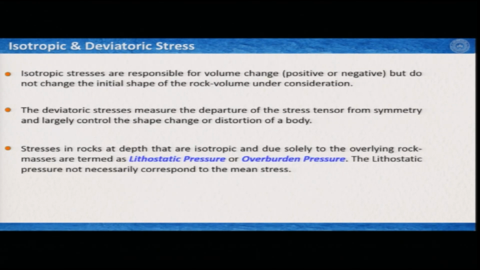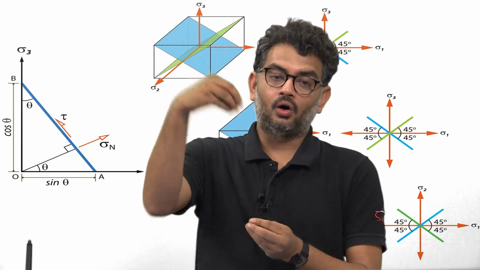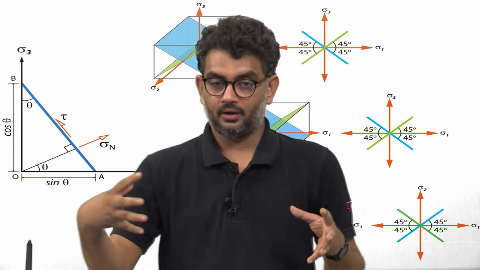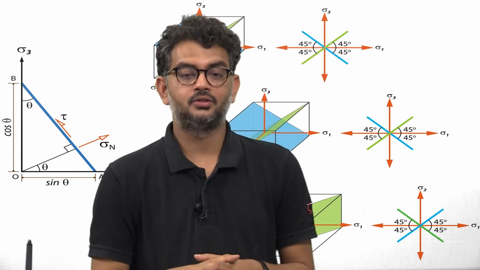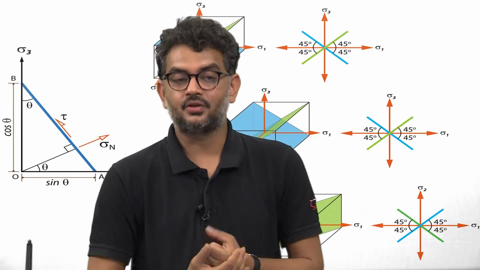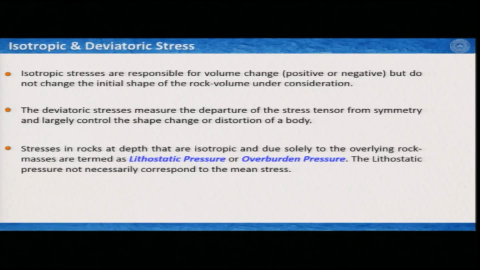So, what are the meanings of isotropic and deviatoric stresses? Isotropic stresses, as you can understand, all the magnitudes are equal. Therefore, isotropic stresses are mostly responsible for the volume change. It could be positive or negative depending on the direction it is working, but it does not change the initial shape of the rock volume under consideration.